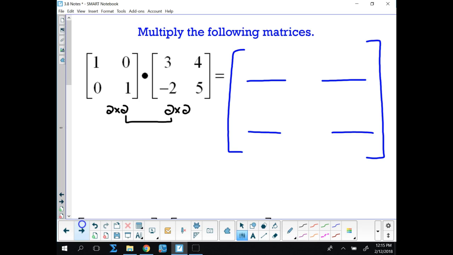Row 1, column 1. So I take the first row times the first column. Row 1, column 2. Row 2, column 1.